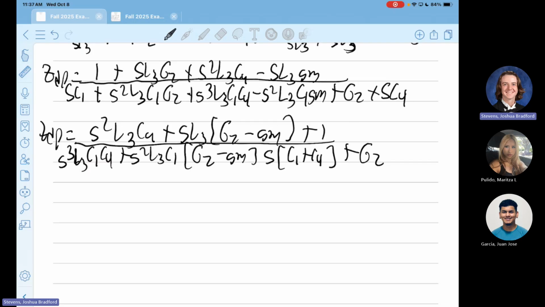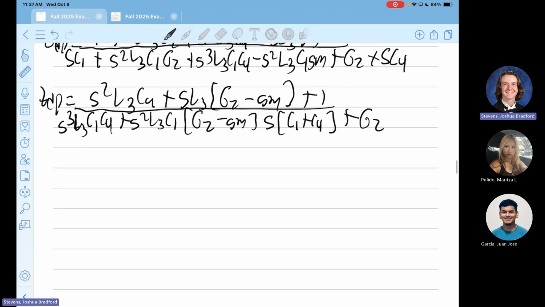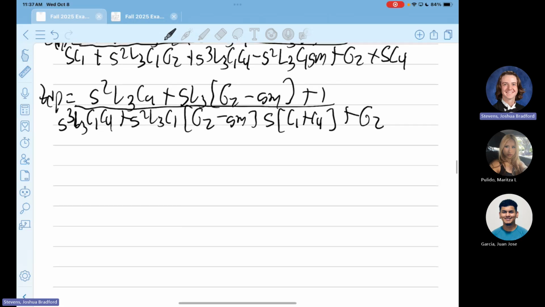Okay. Does anybody have any idea of what we should do next? We have it in terms of highest forms of S. What do we need to do with those highest forms of S? Normalize it. So to do that, we need to divide out everything.